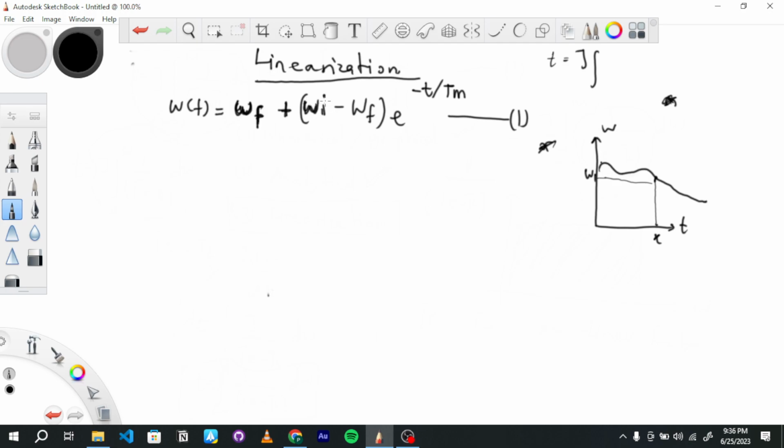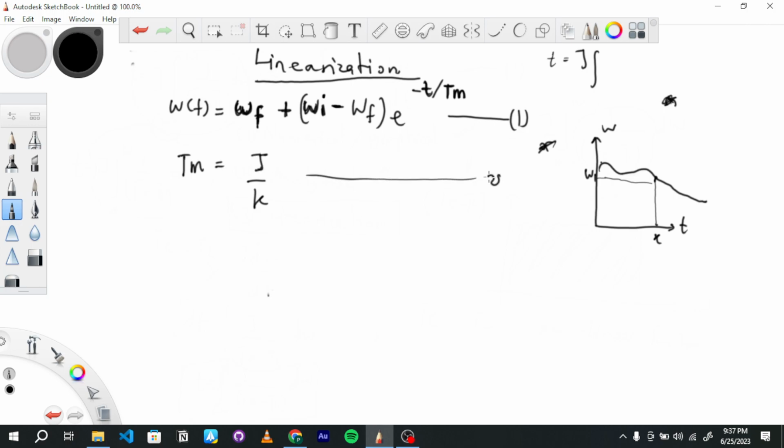Omega i is our initial steady state value. This Tm is the mechanical time constant. Now, what is this Tm? Tm is given by J over K. Equation 2.